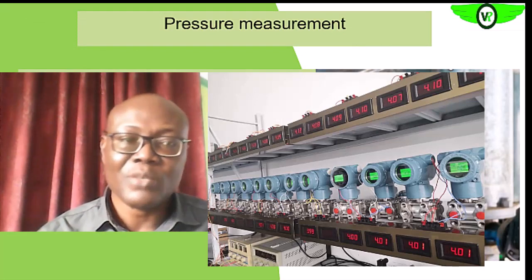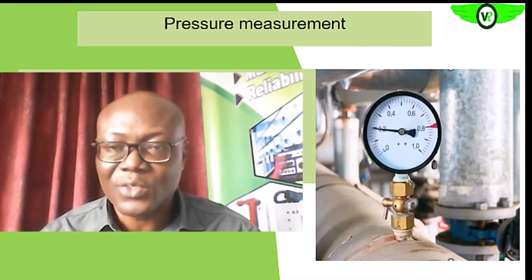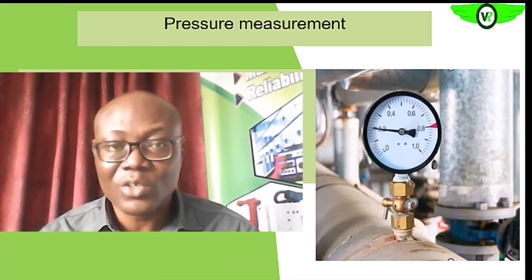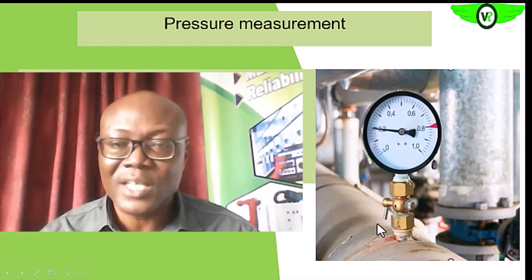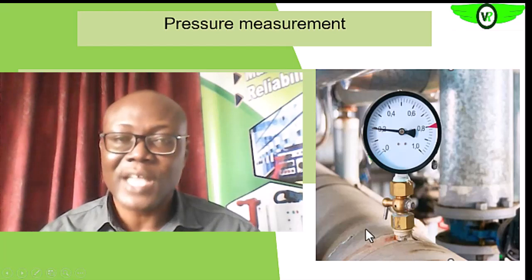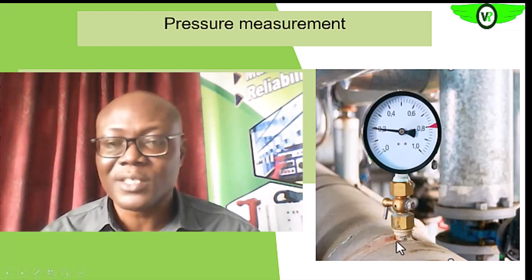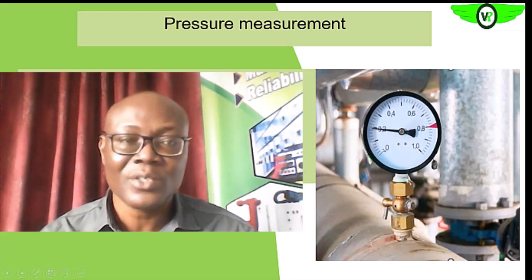For pressure measurement, we need pressure sensors to measure the pressure in our process. As you can see now, this is our process. The sensor is down there looking at the process, which means that the sensor is exposed directly to the process, and it is by means of that sensor that we are getting the pressure reading.